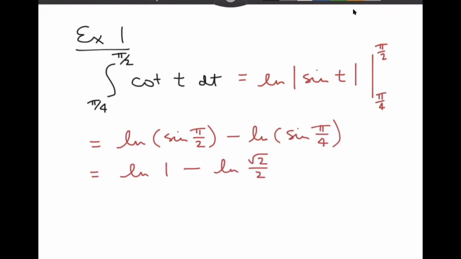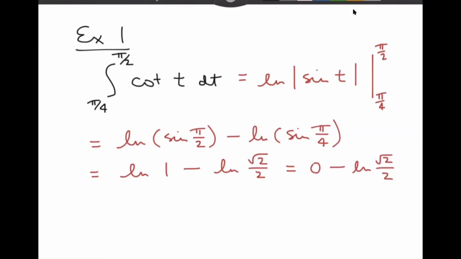Natural log of 1 is 0, right? So we have 0 minus natural log square root of 2 over 2. Now, if you wanted to write your answer as negative natural log square root of 2 over 2, I would be okay with that. Your online homework would be okay with that.